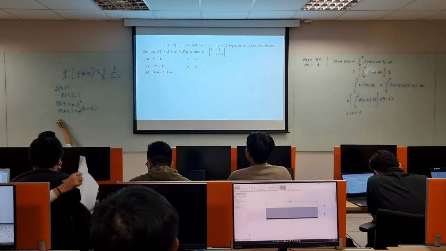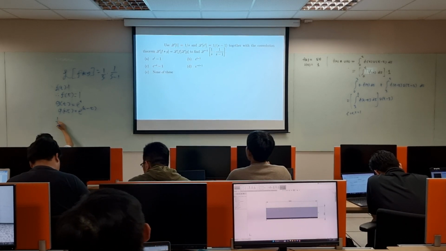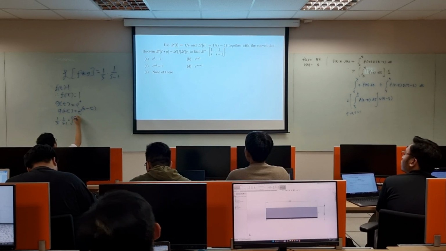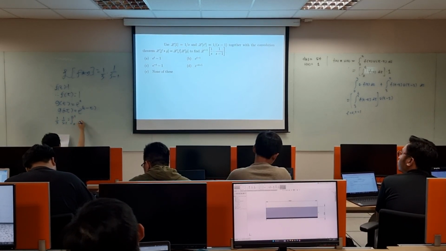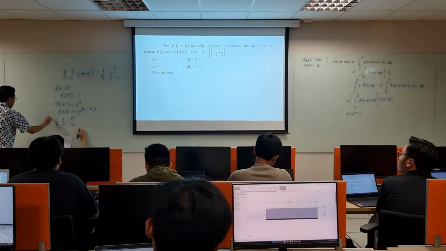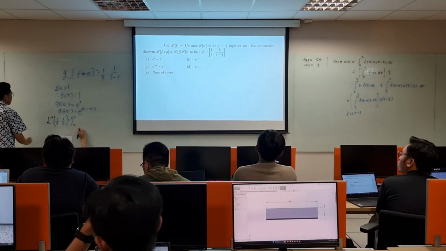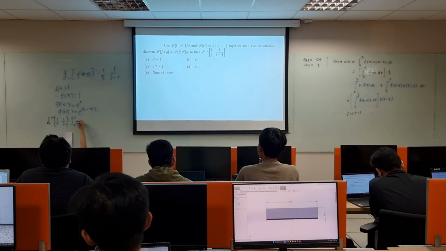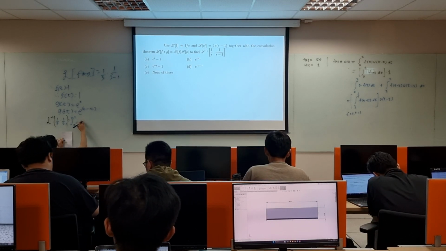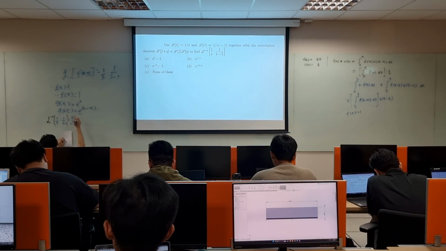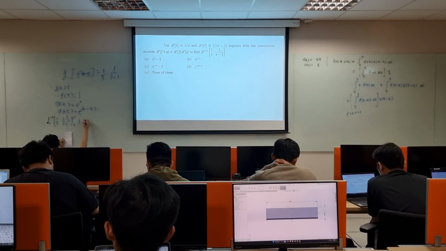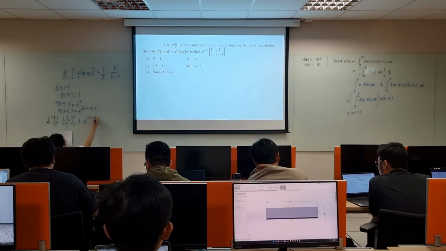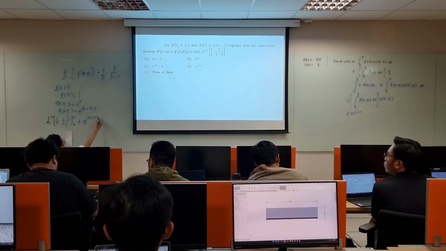So now you integrate them. Not this one, but you say Laplace inverse of this, which is equal to the integral from 0 to t of 1 multiplied by e to the minus tau, d tau.